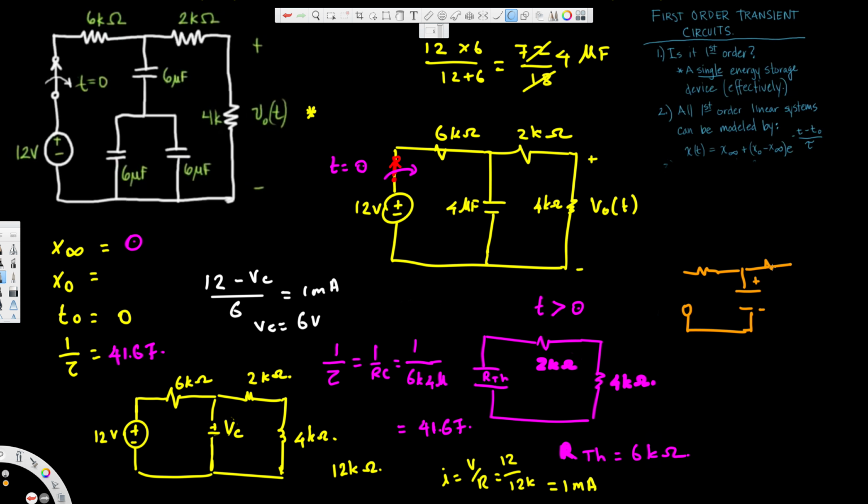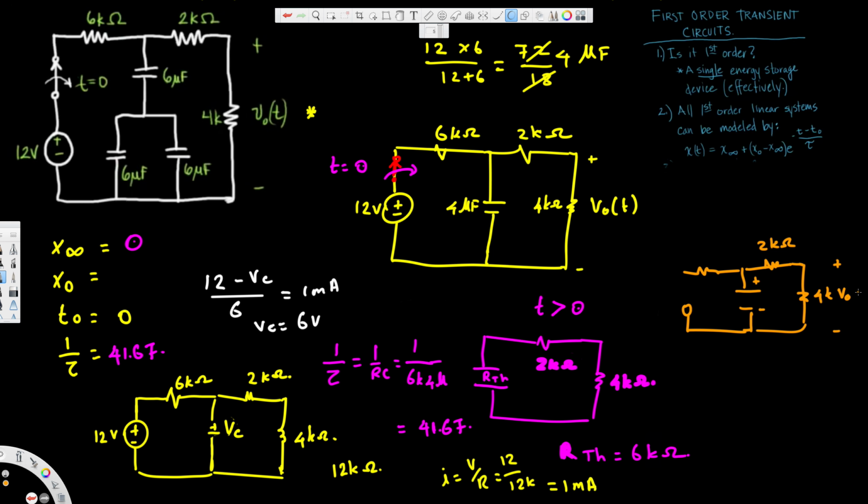Then we have 2k ohm resistance, and here we have 4 kilo ohm resistance, and we are trying to find the voltage across this 4k ohm resistance.